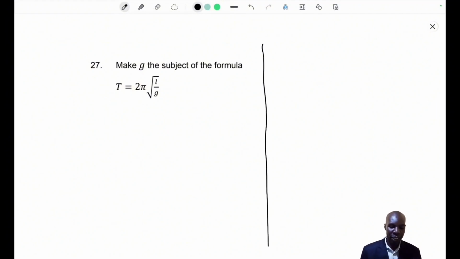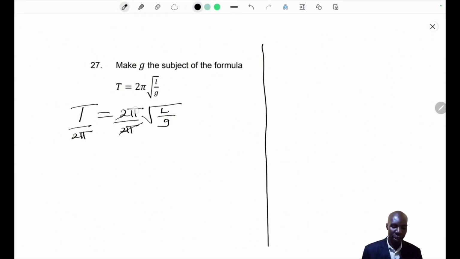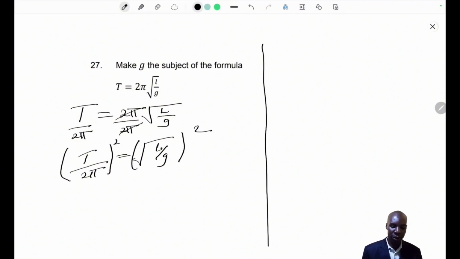The formula that we are given is T equals 2 pi root of L over G. So we are given T is equal to 2 pi root of L over G. So if we divide both sides by 2 pi, we get T over 2 pi equals root of L over G. Square both sides so that we do away with the square root.